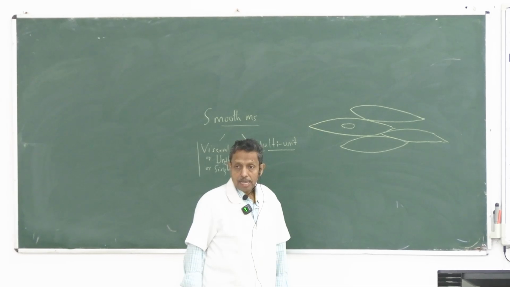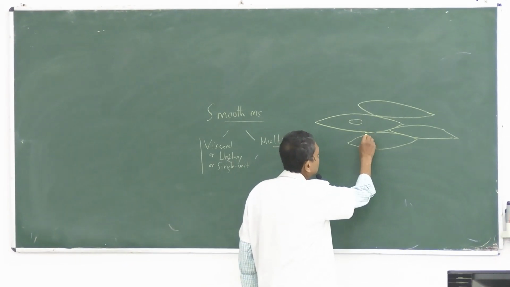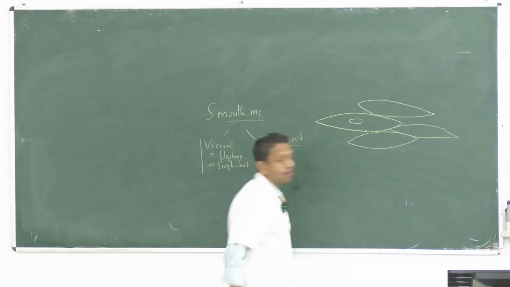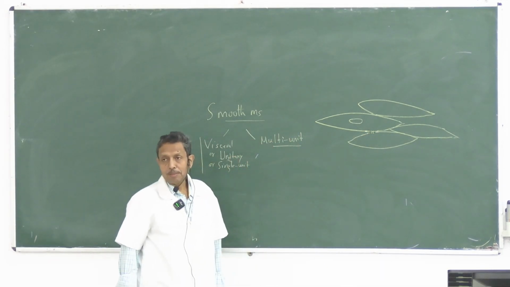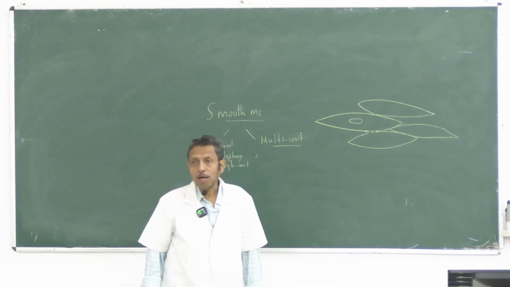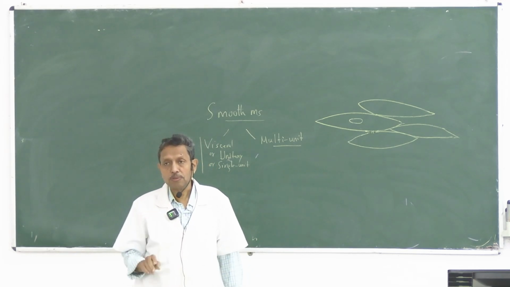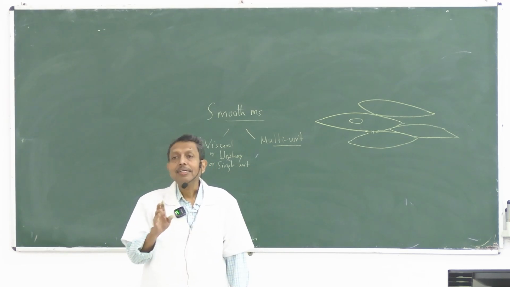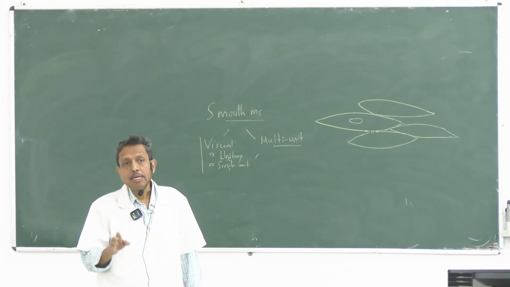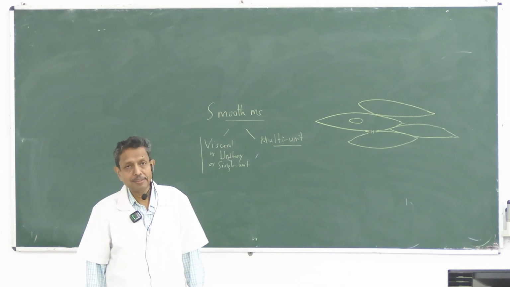Visceral smooth muscle cells are disposed in this way, and they have physical contact with each other, and they also have nexuses or gap junctions between them. They contain actin and myosin too, like skeletal muscle, of different isoforms, and their myosin content is relatively much less in comparison to skeletal muscle.